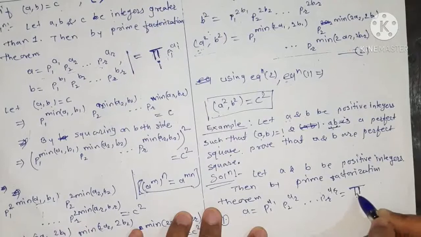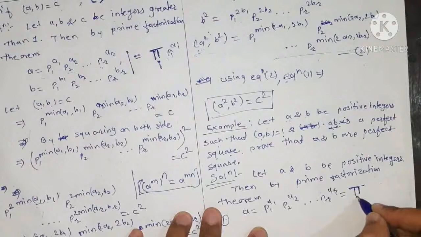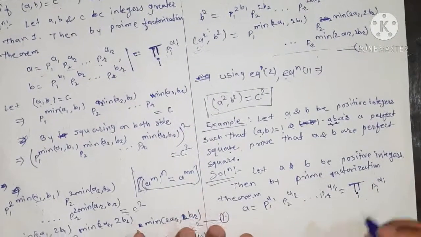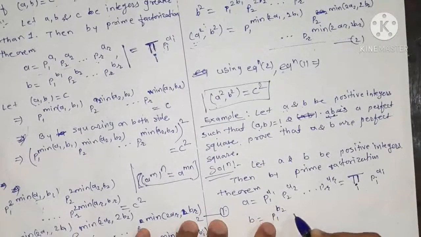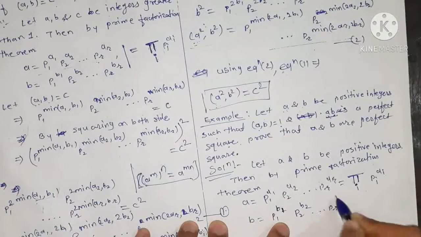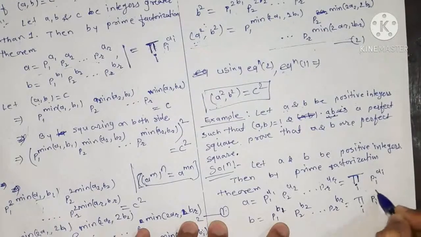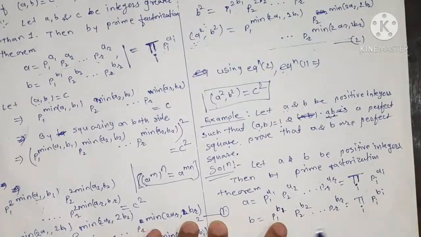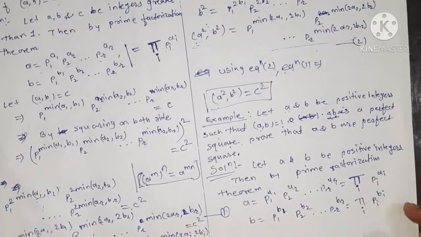This capital pi sign is our product sign, which runs over i, pi to the power ai. Similarly b, which equals p1 to the power b1, p2 to the power b2, and so on, pr to the power br, is written as the product over i of pi to the power bi. Here ai are natural numbers and may take the value 0, and bi are natural numbers and may take the value 0.